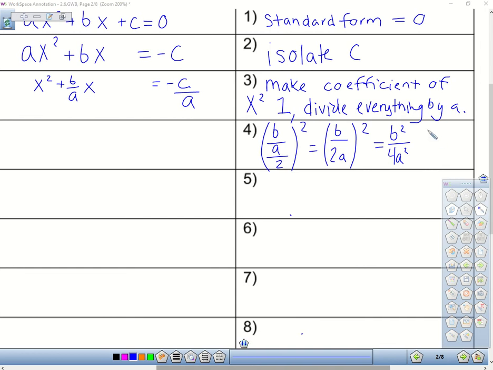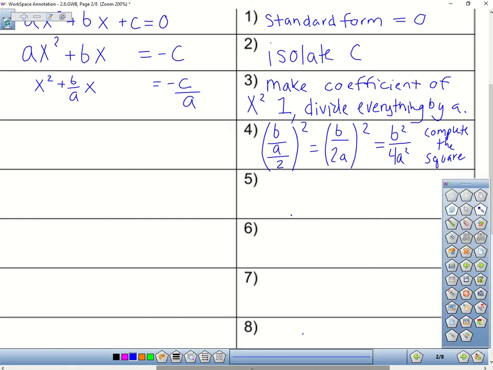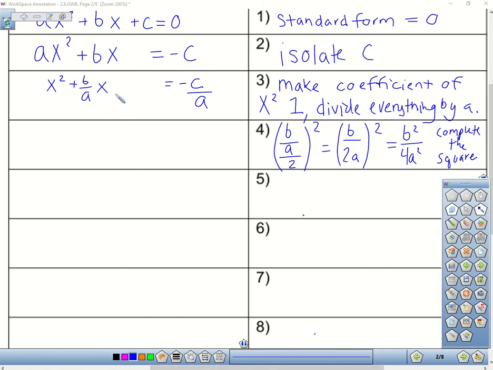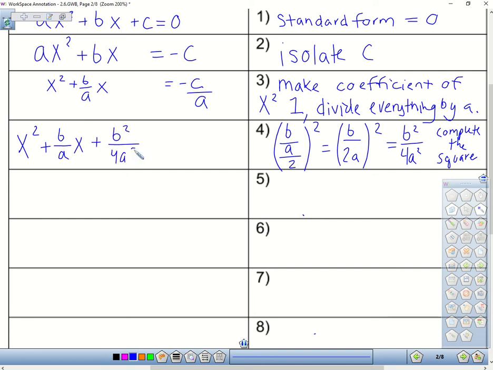So this step, all we did here was complete the square. We're going to complete the square here. So over here, I have to add that right here, right? That number I just came up with. So that's going to be plus b squared over 4a squared equals negative c over a.